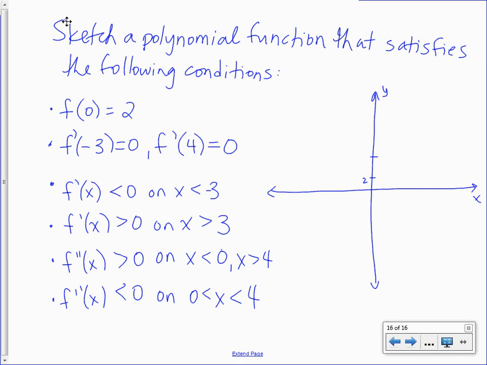Okay. I'm going to do a horizontal scale here so that I can keep things in proportion. Okay, now let's just make it happen.